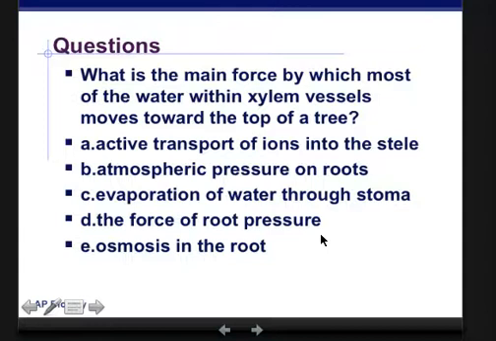All right, the answer, of course, is C. The transpiration, the evaporation of water through the stoma, is the main thing that is driving the tension, the negative pressure of water up a tree in the xylem.